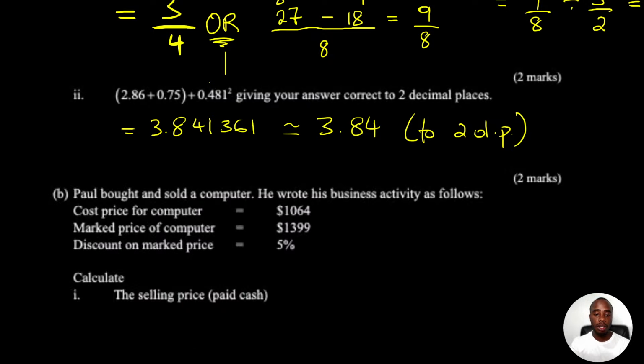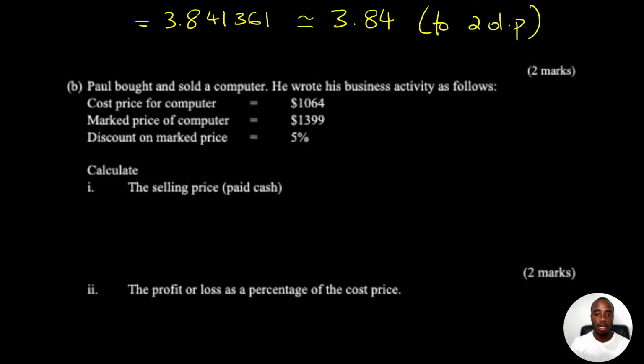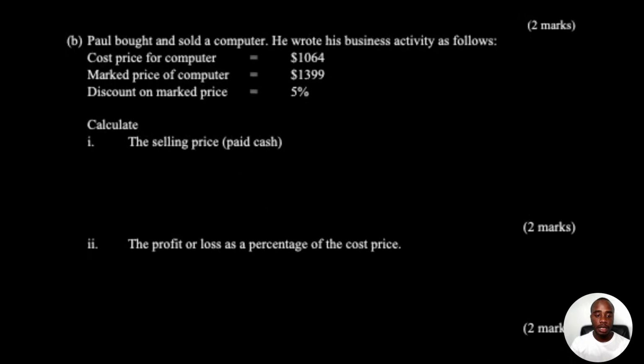Now, the B question says Paul bought and sold a computer. He wrote his business activity as follows. The cost price for the computer is $1,064. The marked price of the computer is $13.99, and the discount on the marked price is 5%.